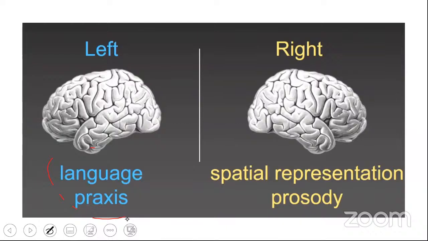The right side of the brain, on the other hand, represents spatial representation and prosody. That means geographical orientation, where an individual is going, and his music sense, and some of the apraxic ailment; they are all present on the right cerebral hemisphere. The dominant hemisphere controls the language and the praxis.